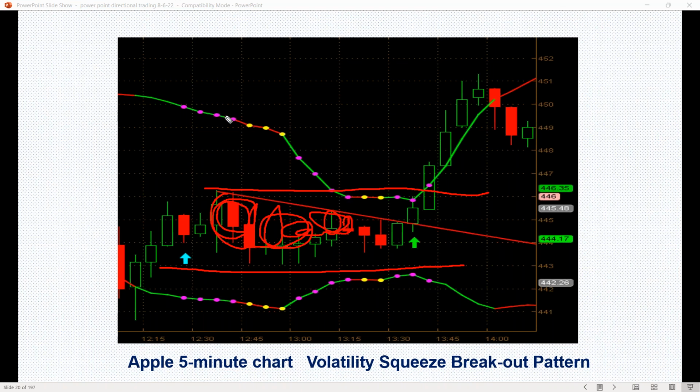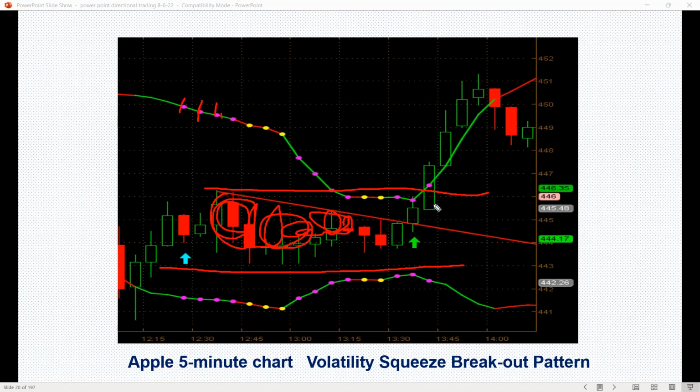So I've coded this into my system, and when you see these dots on my indicator, that's telling me that whatever you're looking at has entered into a volatility squeeze pattern based on the rules that I've programmed for the pattern. And these are color coded to show you momentum either down or up.